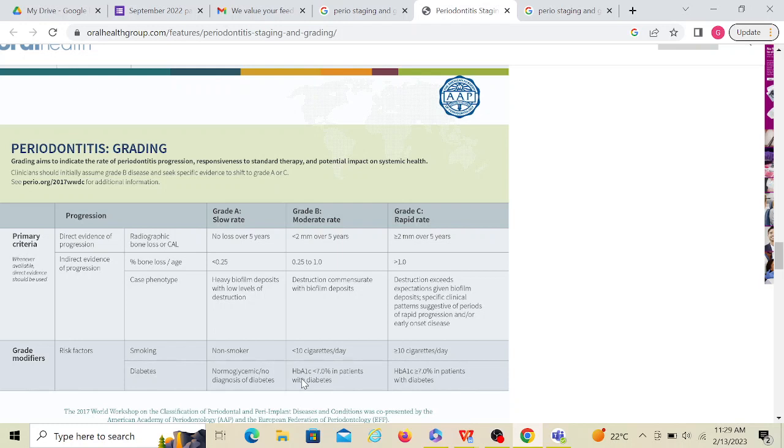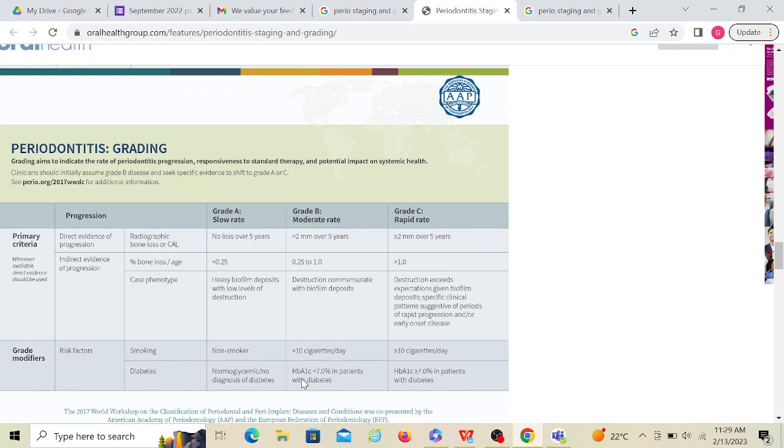The stage of having recession more than 5 mm but no furcation involvement and no more wobbly teeth. So I go to stage 3. My stage has remained the same like my previous sub question. But what has changed? My risk factor has changed. There is no more smoking involved. So I will move my risk of this patient for the progression of disease from grade B to grade A.